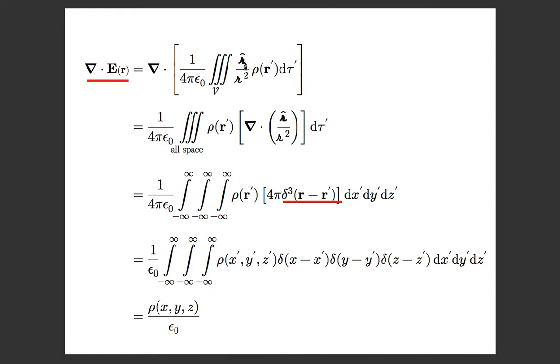This meant that if we knew the charge density at all locations, then we could integrate this product of charge density with the location information, and that would give us the electric field at any location.